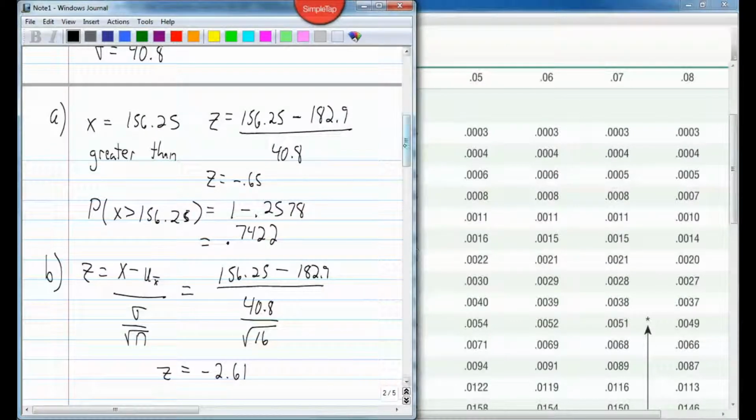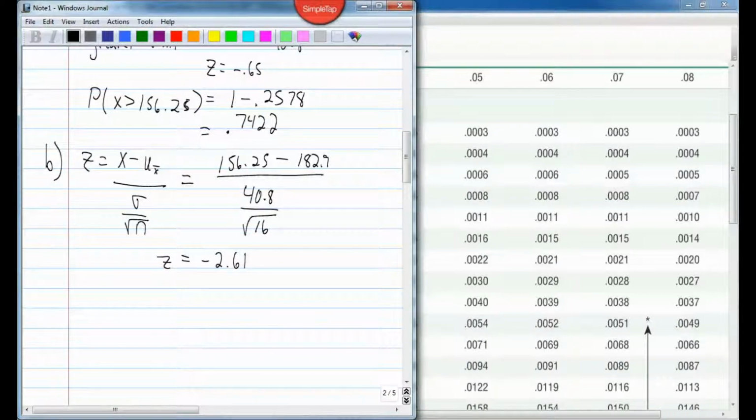Now, since we want to know the probability that the average weight of 16 men would be greater than 156.25, that probability that x is greater than 156.25 is equal to 1 minus 0.0045. So that's 0.9955. So that means 99.55% chance that if you randomly select 16 males, their average weight is over 156.25.